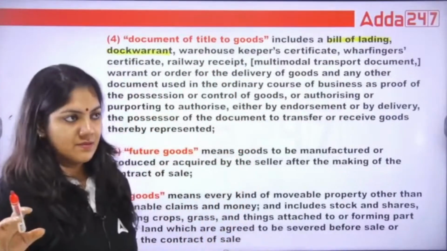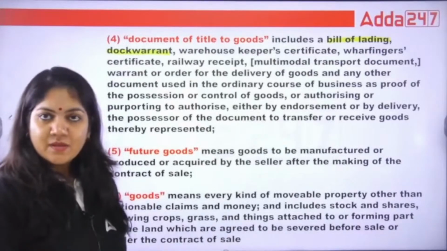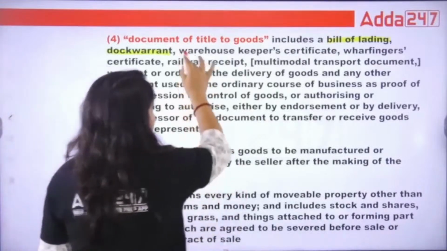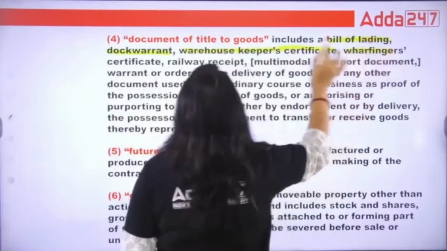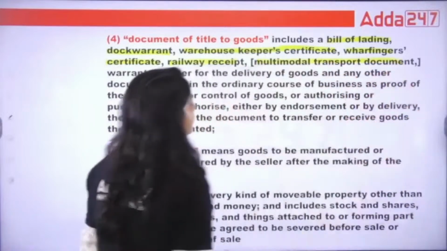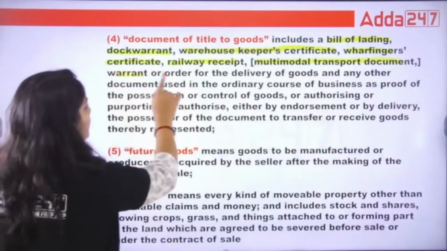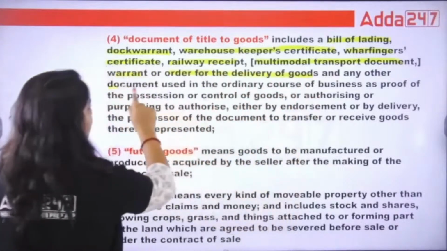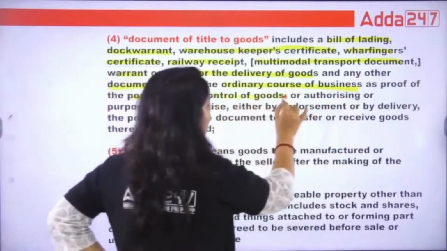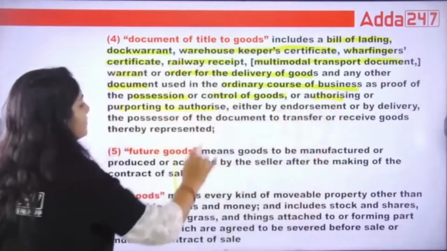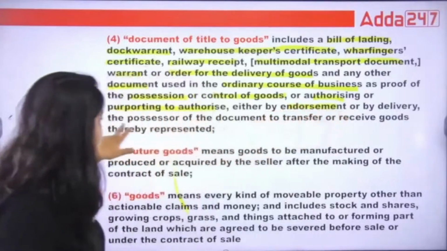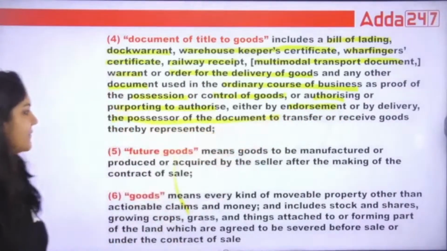Suppose my goods are at sea, so if import and export is there, I have to make this document. Warehouse keeper certificate, wharfinger certificate, railway receipt, multi-modal transport documents, warrant, order for delivery of goods, or any other document used in the ordinary course of business as a proof of possession and control of goods, and authorizing or purporting to authorize, either by endorsement, which means by signing the documents, or by delivery, the possessor of the document to transfer or receive the goods.